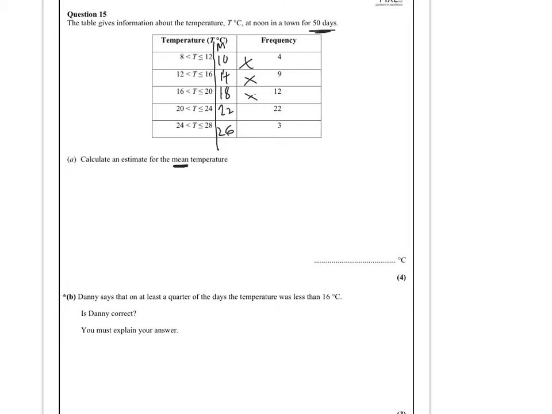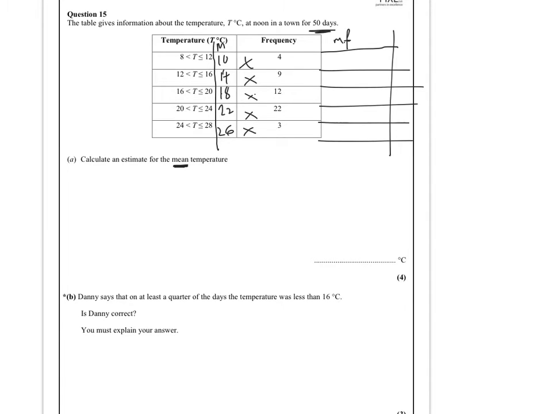So we're going to multiply these numbers together. And that will give us a new column. So I'm just going to fill out this column here. And then finally, to find the mean, we need to work out the total of this column here, which when we add them all together, we get 944, and also divide it by the total of the frequency, which when we add those together, we should get 50, which is the same as what it said in the first place, 50 days.